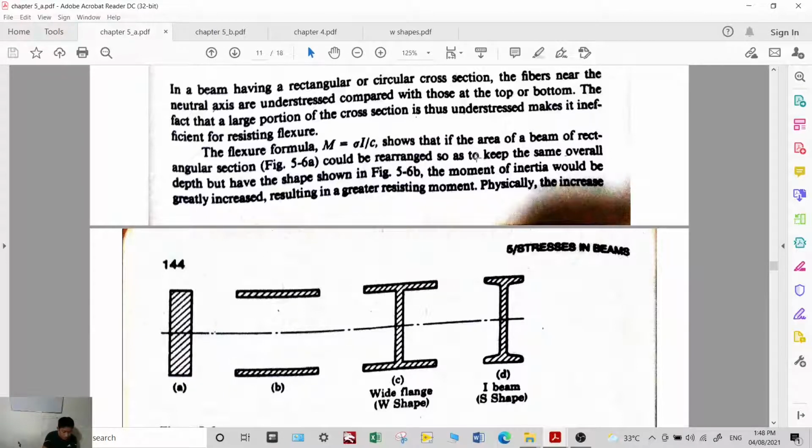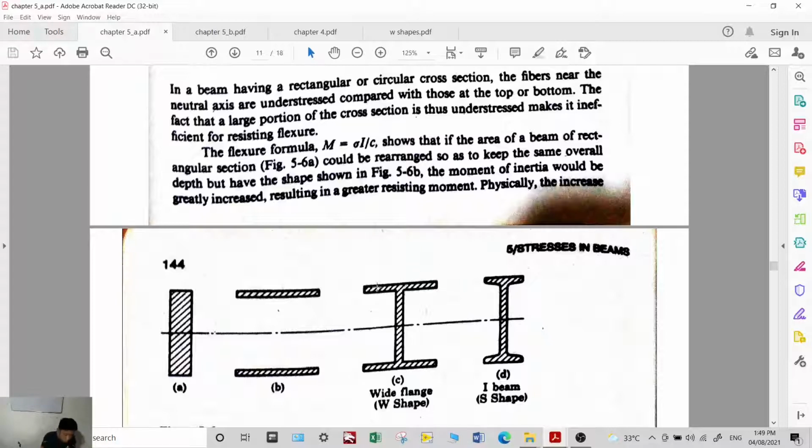So another way, for economic reasons, is to enlarge the area at the tips of the beam. Instead of a large area here, you remove this part, just like this one. To make it a sturdy structural material, you connect them here. This results in the wide flange or W shape.